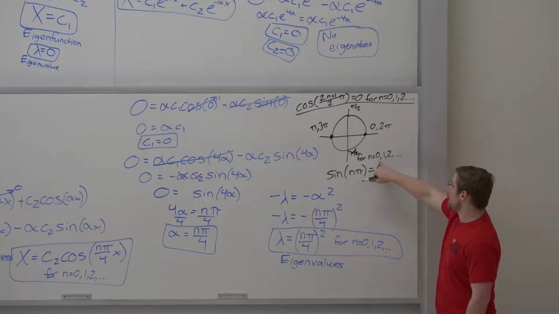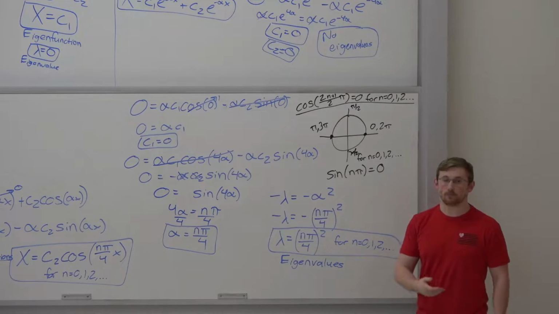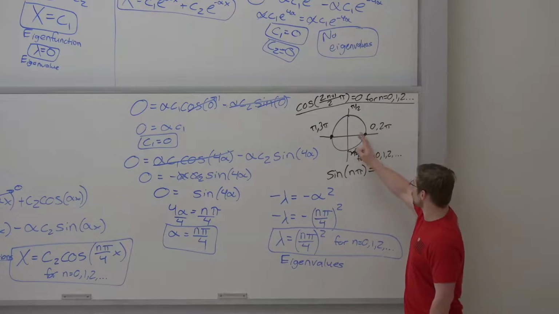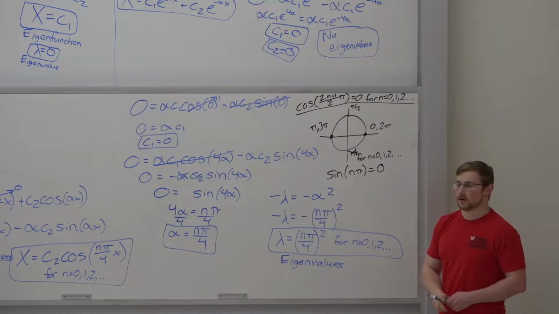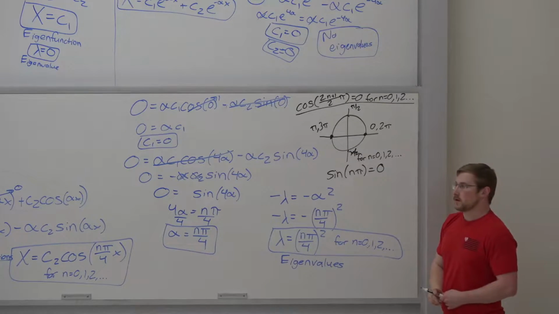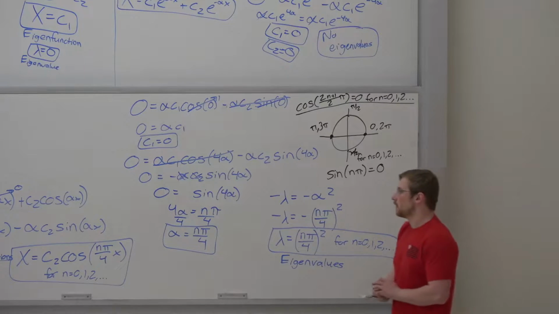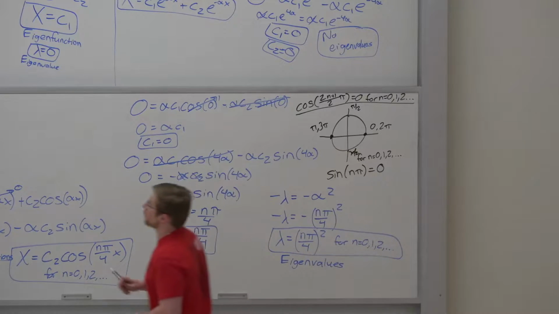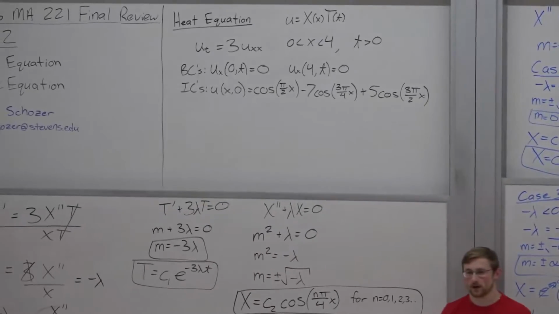It has to be any value of n that's a whole number. So I can't just pick 1.5, because 1.5 pi is somewhere over here where sine would not be 0. I don't know for 100% sure, but I'm going to assume it has something to do with the fact that t has to be greater than 0.